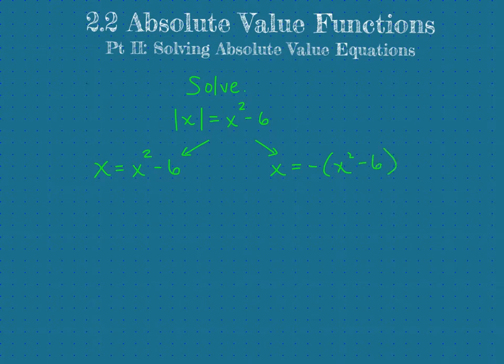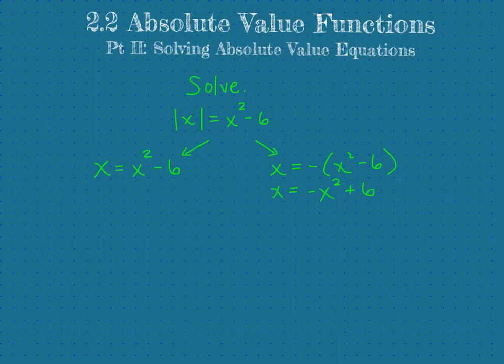Notice here I'm putting parentheses. That's because when I make something negative and it's more than one term, I need to end up distributing that negative through. So I'm still doing the exact same thing I've been doing on all these problems. So what I'm going to do is distribute that negative through. So we'll have negative x squared plus 6.